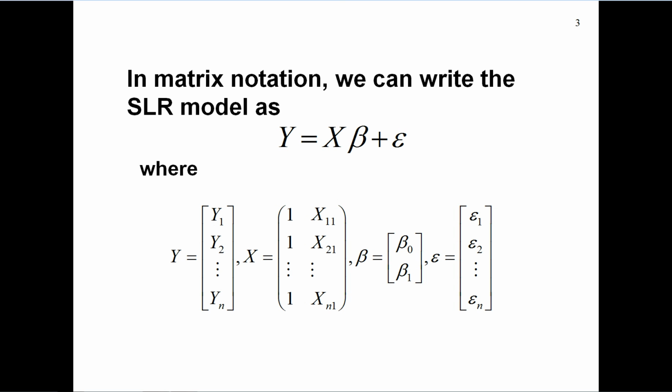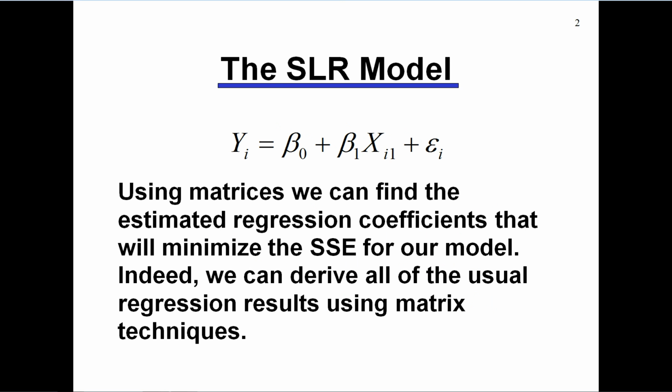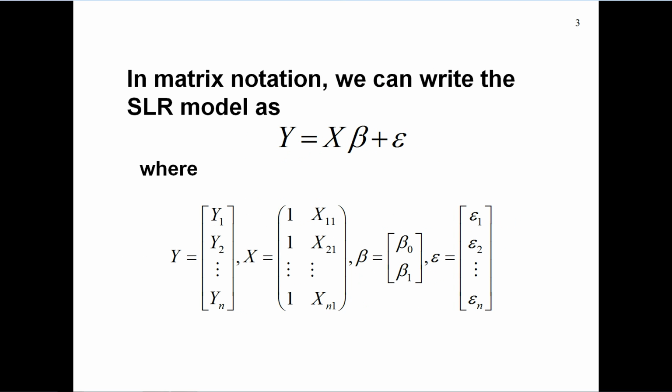Convince yourself that if we take the matrix X times the column vector beta in this case, we have to have that column of 1s in order to capture the beta 0, or the intercept term, in our model. Going back to the model, you can see that we have to have that intercept term beta 0, and to get that intercept term we must have this column of 1s in our data matrix associated with our regressor variable x.